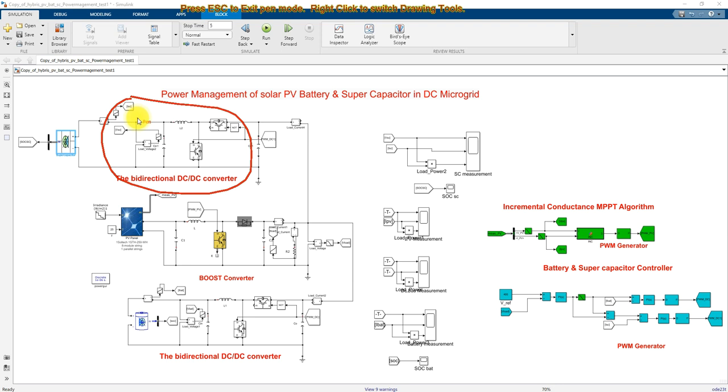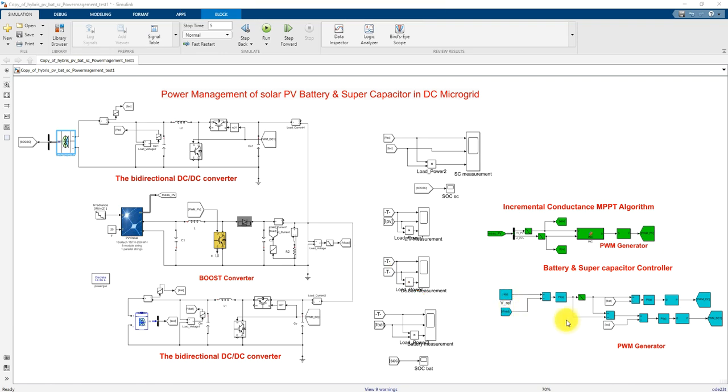So we have to create some control logic for the battery bidirectional converter and the supercapacitor bidirectional converter. Here we have to use the double loop concept. We have to measure the DC bus voltage, and this DC bus voltage is compared with the reference voltage.